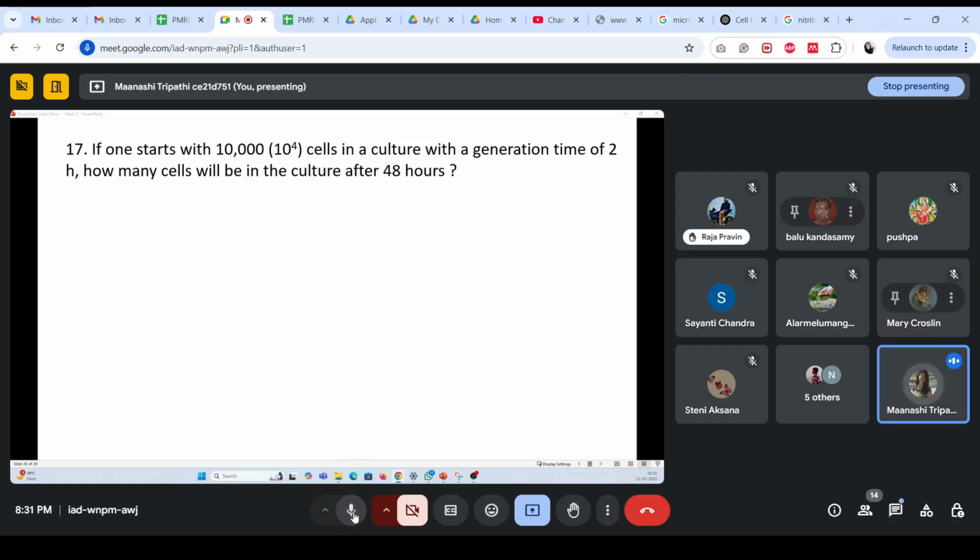Recheck your solution. The formula is N is equal to N naught into 2 raised to power n.